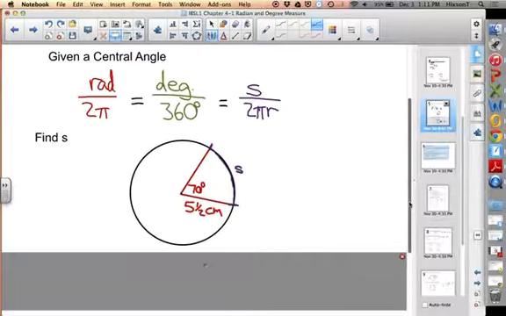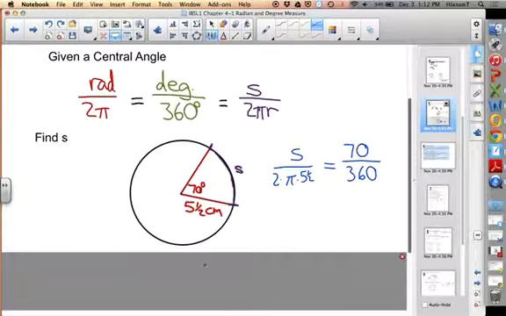If I were trying to find our arc length s, I would see that s over the circumference, 2 times pi times our radius, 5.5, is equal to our central angle, 70, over 360. Make sure if your angle's in degrees that you put it over 360. If our angle was in radians, we'd put it over 2 pi.